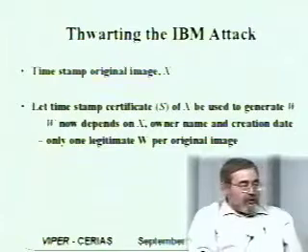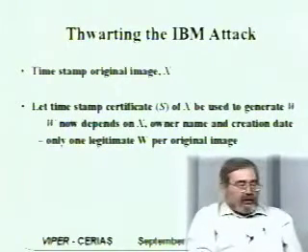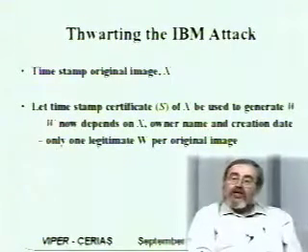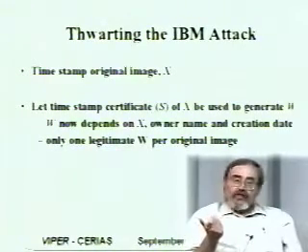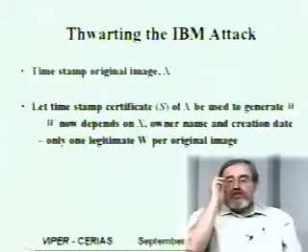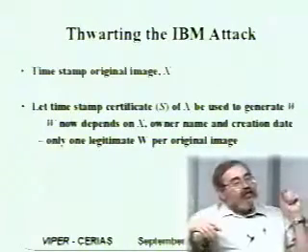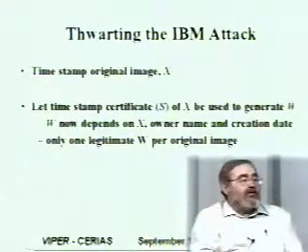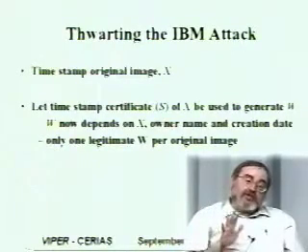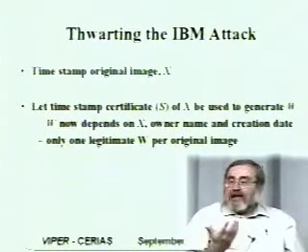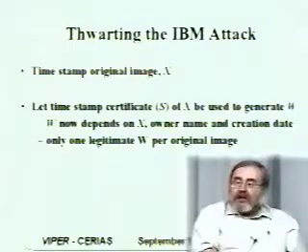So for instance, if you use the timestamp certificate as a way of generating the watermark, because a lot of these watermarks are generated using random number generators, you could use the timestamp certificate, in a simple, crude way, in the seed of the random number generator, and essentially then the watermark itself depends upon the timestamp certificate. So essentially I've got the timestamp certificate embedded in the image.